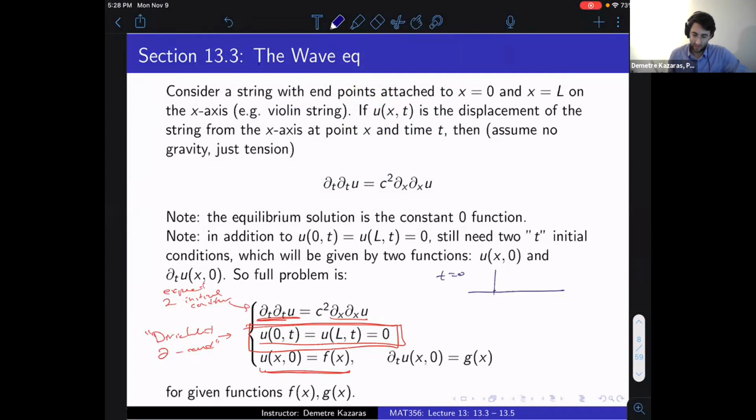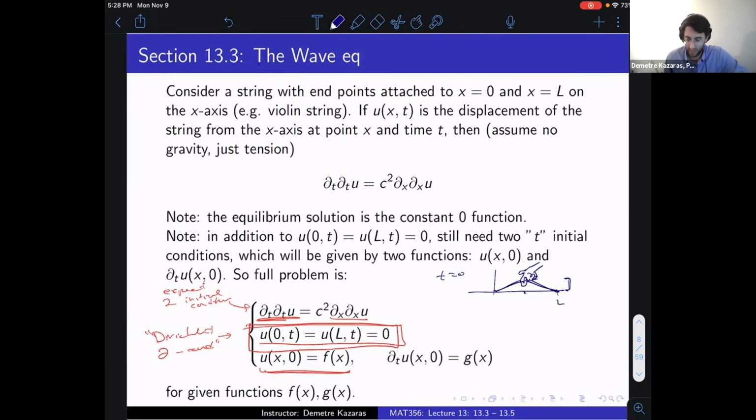You could imagine, for instance, this is your hand here, and you are just plucking this string up in the middle, say. That would be an initial condition. It looks like some linear function here and then some linear function after, midway through, say.